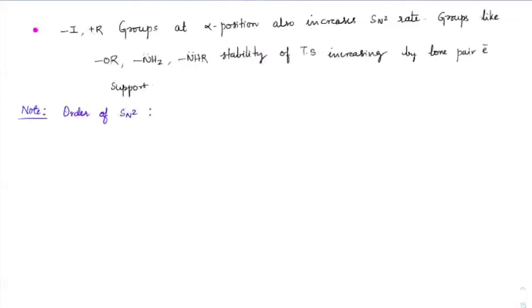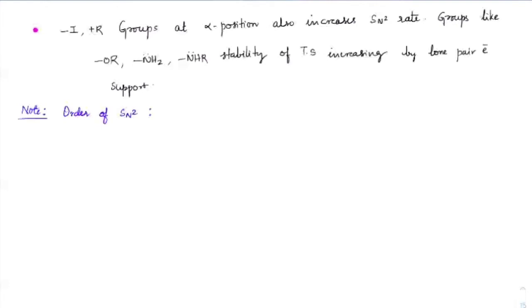Next, if you see the overall order, whatever we have studied in this, what we can say: Y connected to CH2X, where this Y could be a C=O group, or it could be NO2, right?